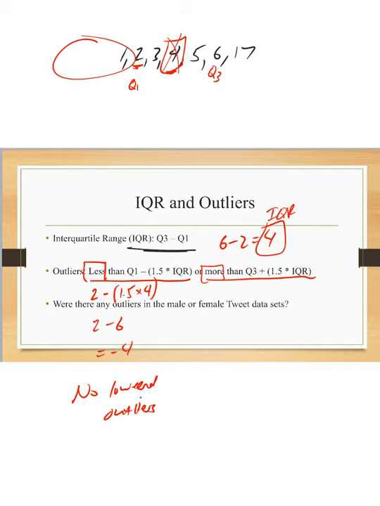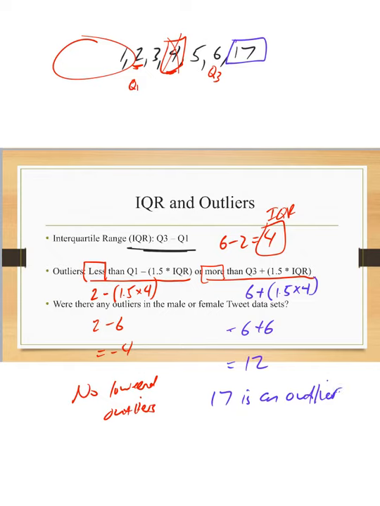Now, in the high end here, Q3 again is 6, so that would be 6 plus 1.5 times 4. IQR is still 4. So this ends up being 6 plus 6, or 12. Which means any value bigger than 12 is an outlier. And as you probably would have guessed from the very beginning, 17 then is an outlier.